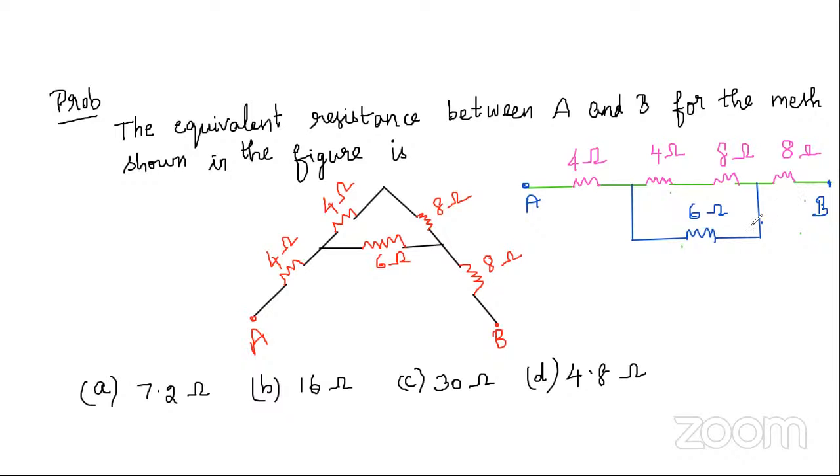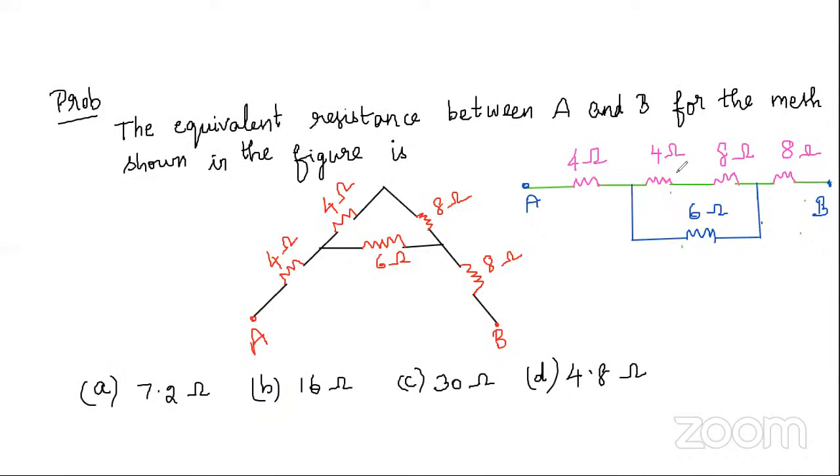And now we need to find out the equivalent resistance. So whenever you redraw a circuit and whenever you find a parallel combination like this, first of all you need to complete the calculation for this parallel combination, and then you have to proceed with the next resistances.